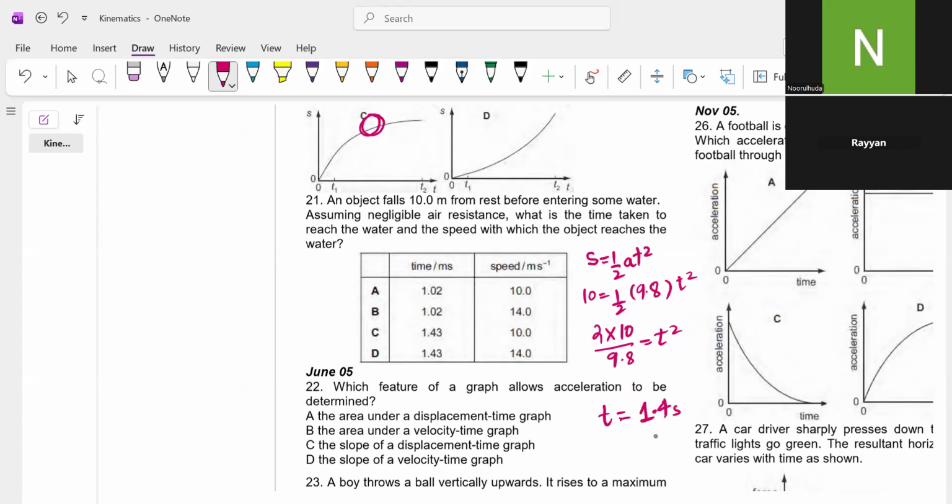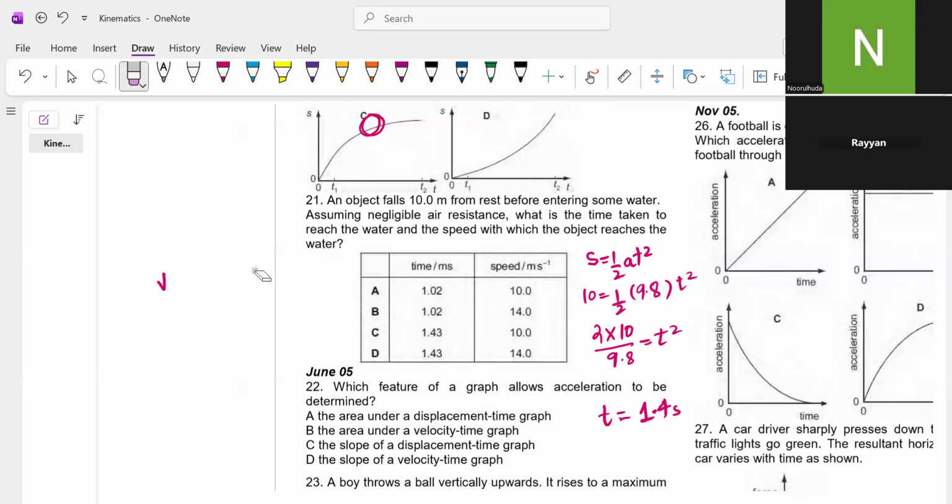Okay. And now that you have time, you need to calculate the speed. Which formula will we use? Speed equals distance divided by time. Distance is 10 and time is 1.4. Sorry, this is 7.1.